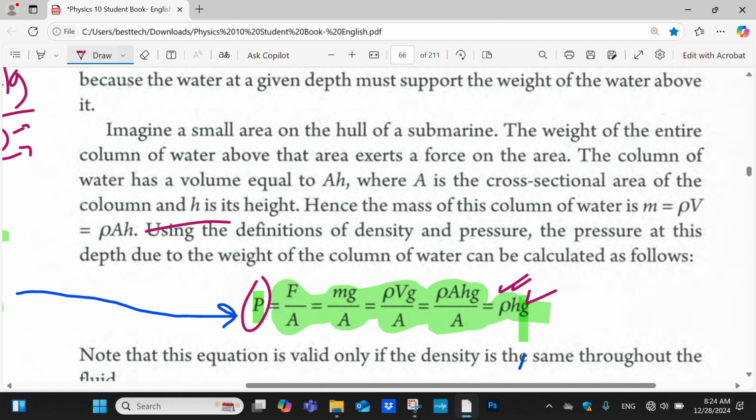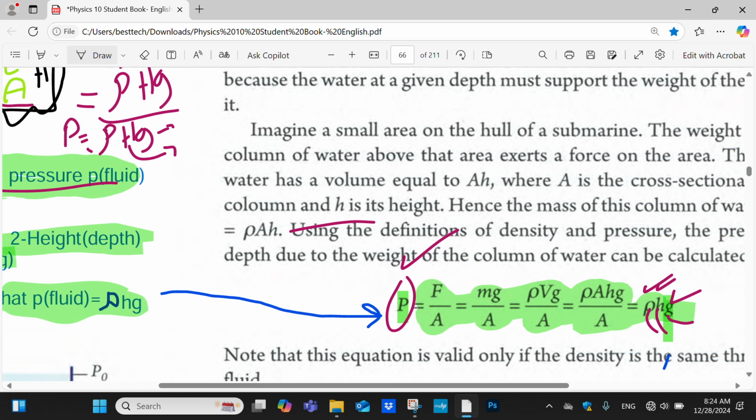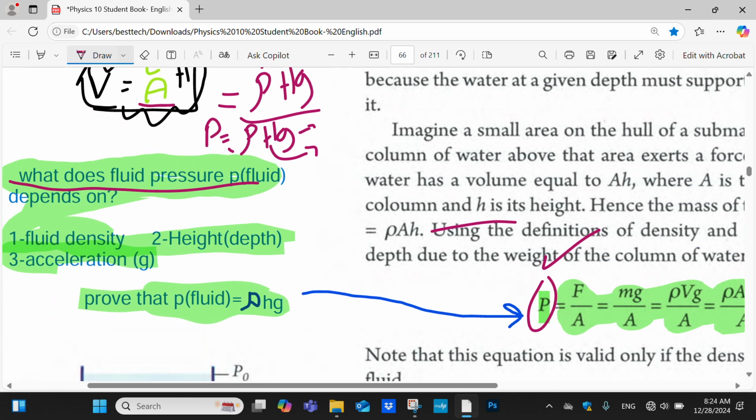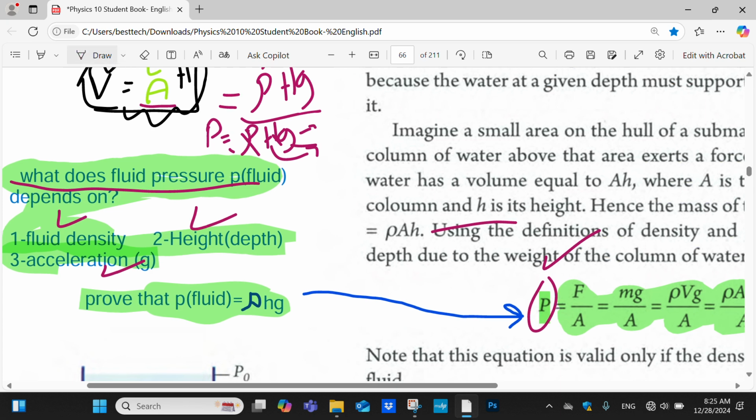It is equal to rho H g. So of course fluid's pressure depends on rho, H and g. It means that fluid's pressure depends on the acceleration, the height, and the density. So fluid's pressure depends on these three parameters: fluid density, height, and acceleration.